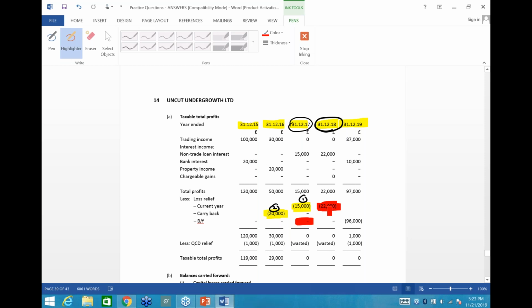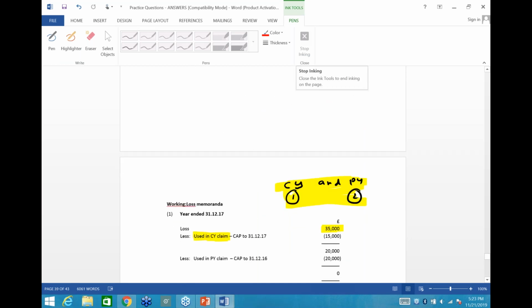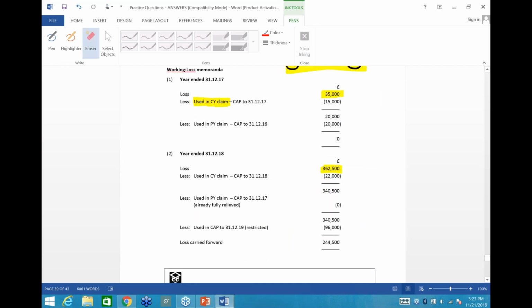So out of 362,500, in the current year, you can set off only 22,000. Previous year, nothing. Therefore, there is a balance of 340,500. What you can do with that?